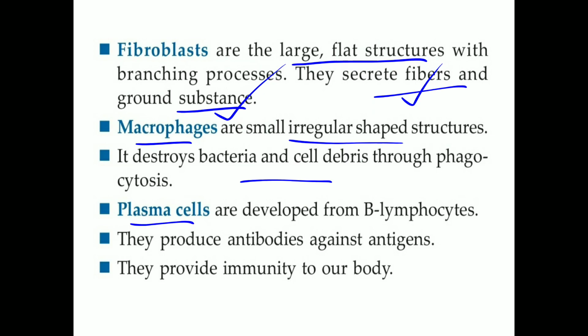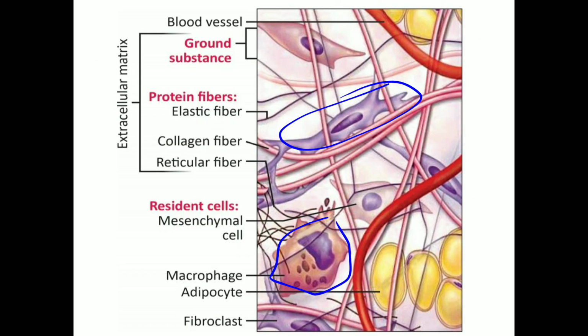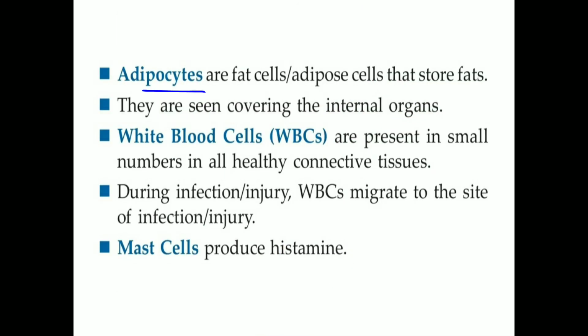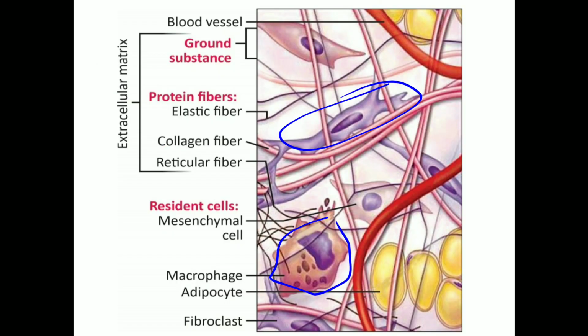And next is plasma cells. They develop from B lymphocytes, and they produce antibodies against antigens and provide immunity to our body. Next is adipocytes. They are adipose cells, fat cells that store fat, and they are seen covering the internal organs of our body.